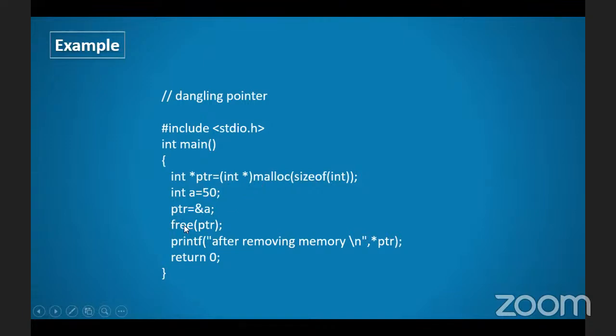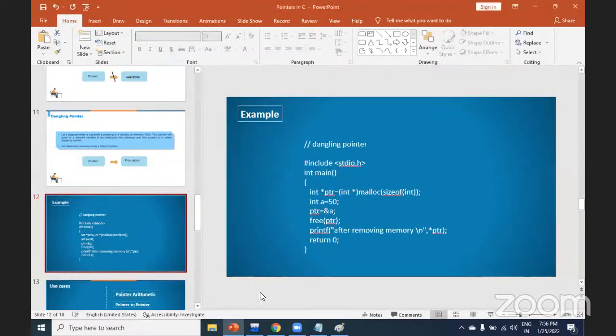That memory location is pointed to by PTR, so I just remove it like this, free of PTR. After removing it, if I try to use pointer PTR, nothing will be there. If I am not using the free function, then you should get the value 50, right? That is the example.